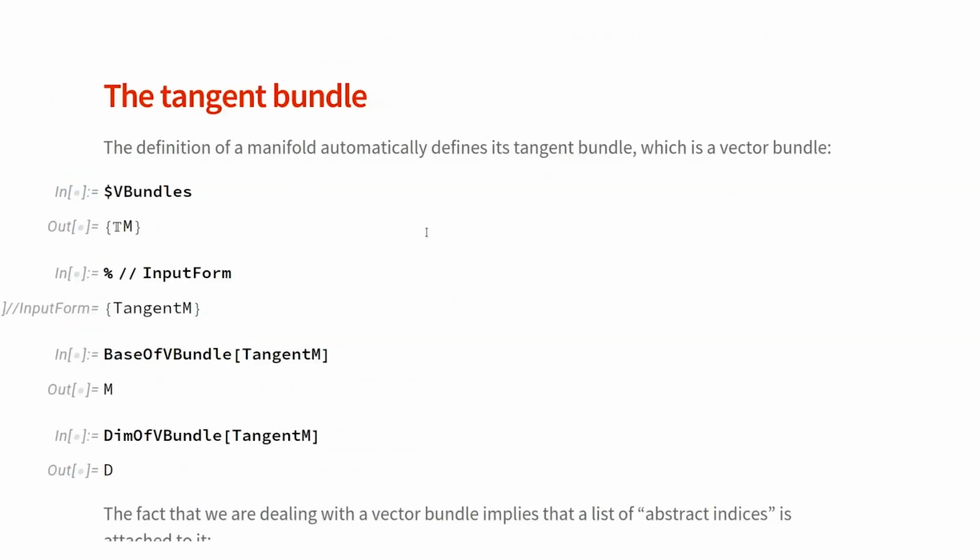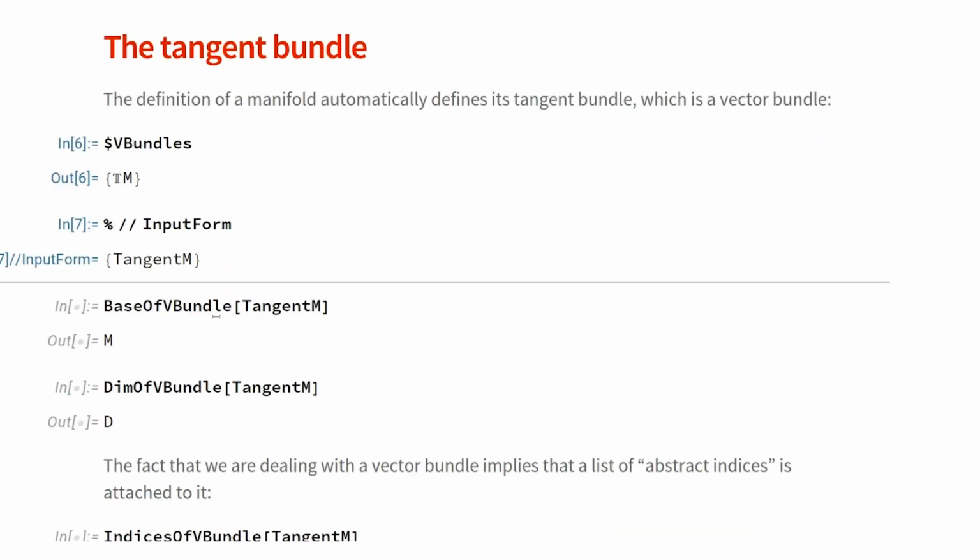This definition automatically defines the most basic vector bundle, that is the tangent bundle of the manifold. If we check the list of vector bundles that we have now, we have just the tangent bundle of our manifold. Let me show you here how this symbol is represented.